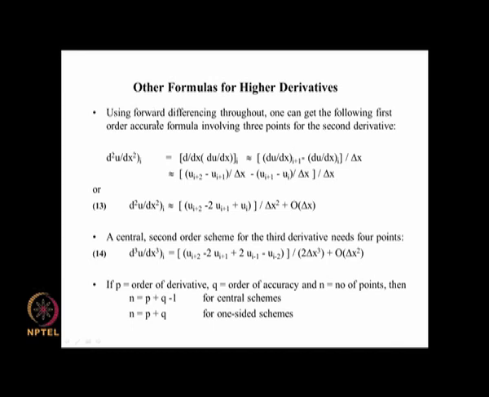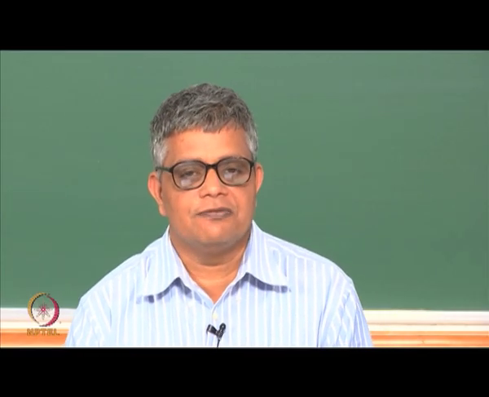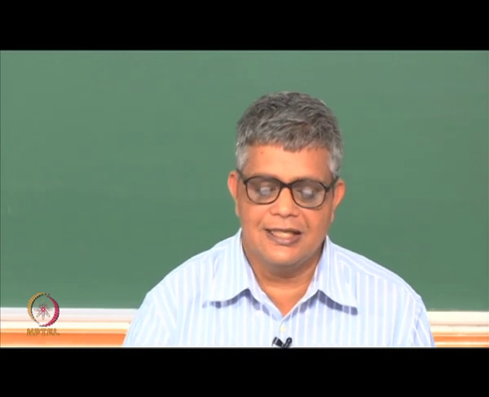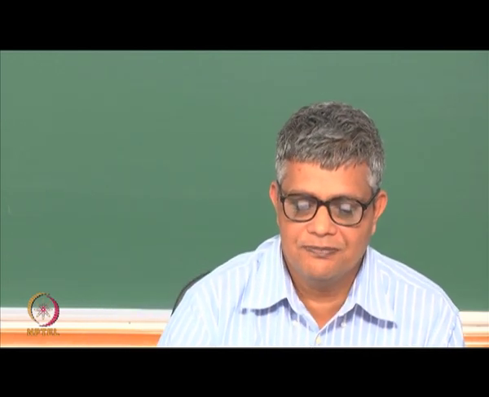For example, when we are at the edges of the domain, we may not be able to use central differencing, because there may be no grid point to the left of i, the point where we want to evaluate, or there may not be anything on the right side. So, in such a case we would have to go for one sided differencing. Okay.